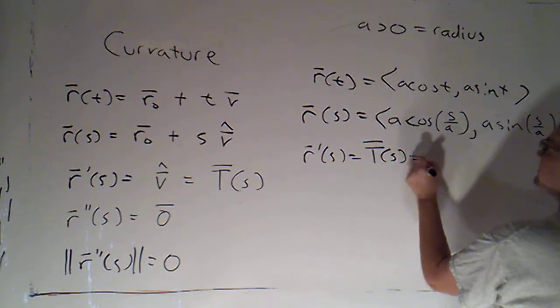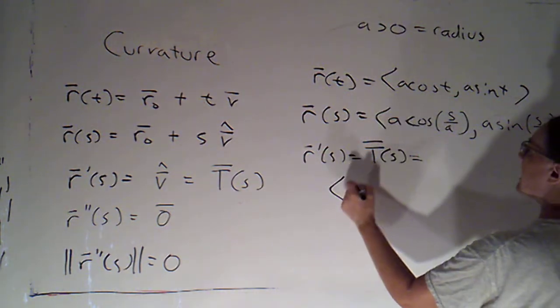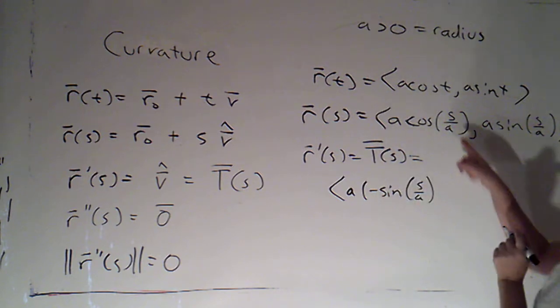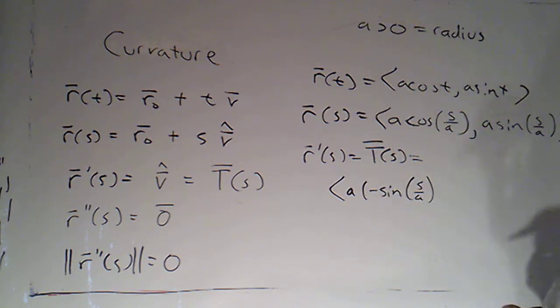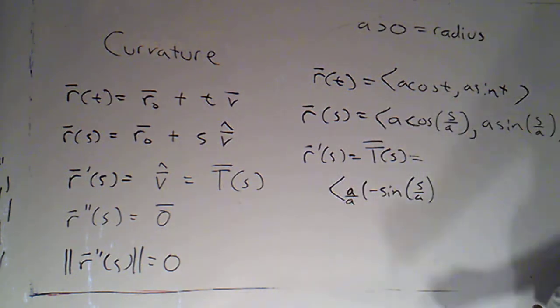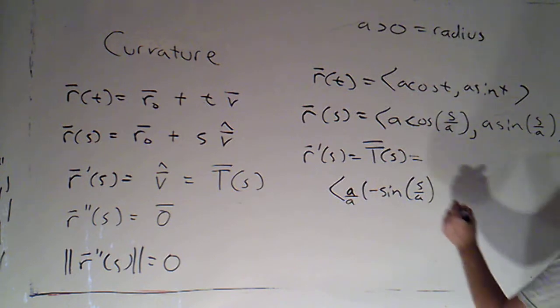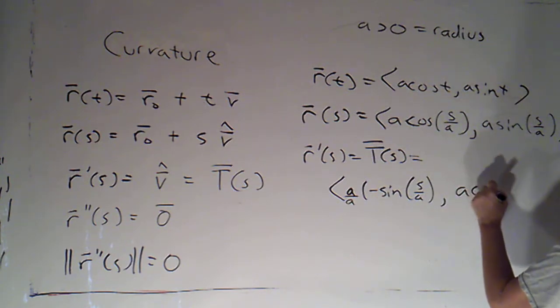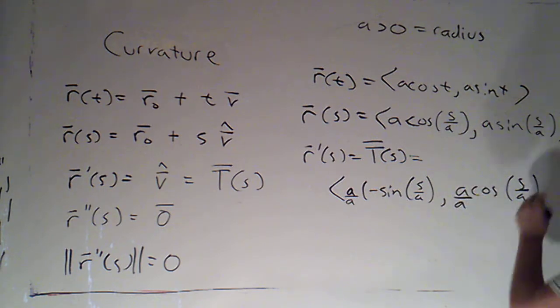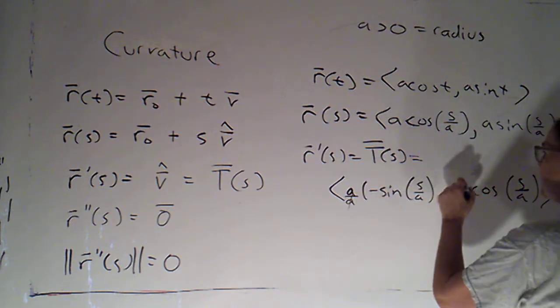Okay, so let's see. We're going to get negative sine of s over a, chain rule, times the derivative of s over a, which is just 1 over a. Notice those a's are going to cancel. Here we're getting a cosine of s over a. Chain rule gives us a factor of 1 over a, and those a's cancel.